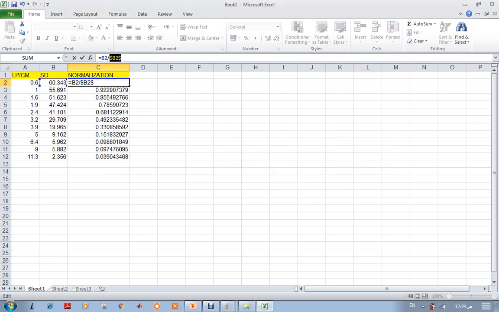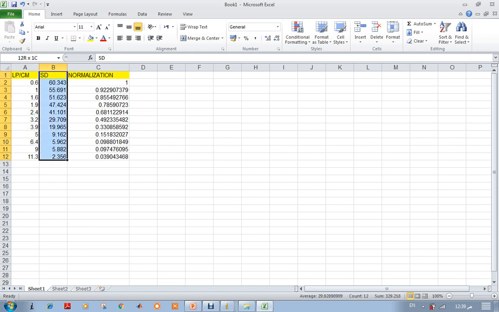Not working. So I have the values for line pairs per centimeter and normalization.